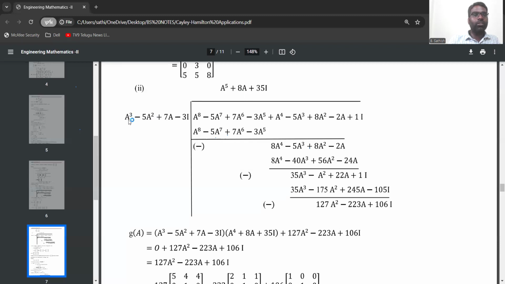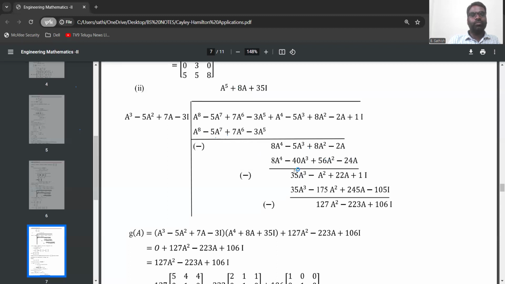So a cube minus 5a square plus 7a minus 3i. By multiplying with a, we get a power 4, so we choose 8a. We get 8a power 4, next minus 40a cube, next plus 56a square minus 24a.